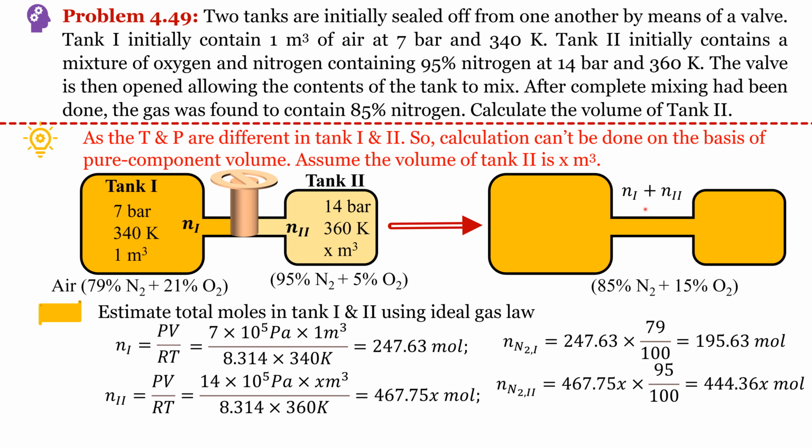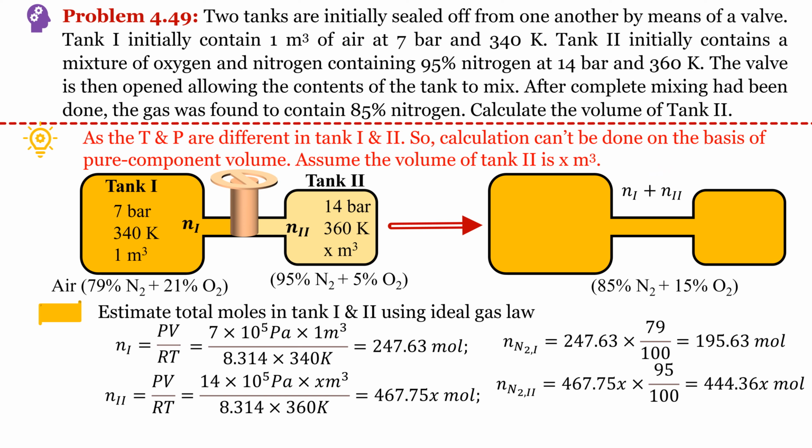Now we know that the total number of moles in the final tank will be N1 plus N2 and it contains 85% nitrogen. So we can find the moles of N2. So the moles of N2 will be equal to 85% of N1 plus N2.